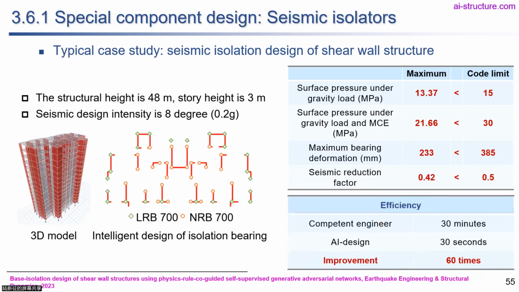All the isolators have a 700 millimeter diameter, satisfying our requirement. The green ones are the lead bearings, located at the outside, and the red ones are the natural rubber bearings in the middle. All the mechanical performance of the bearings satisfies the code limitations and is not too conservative. And the design speed is much, much faster than human design.